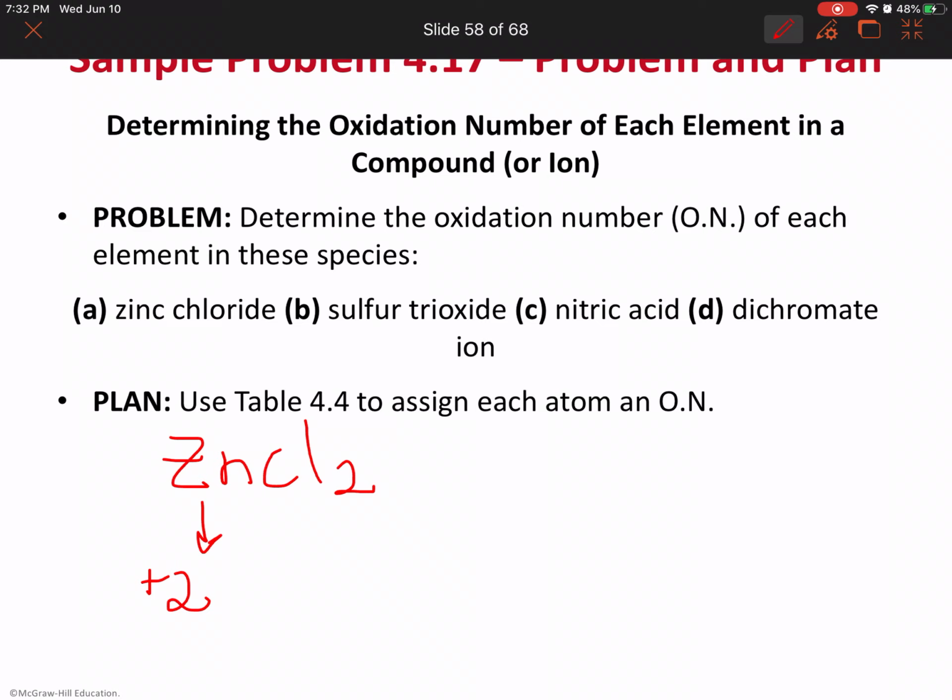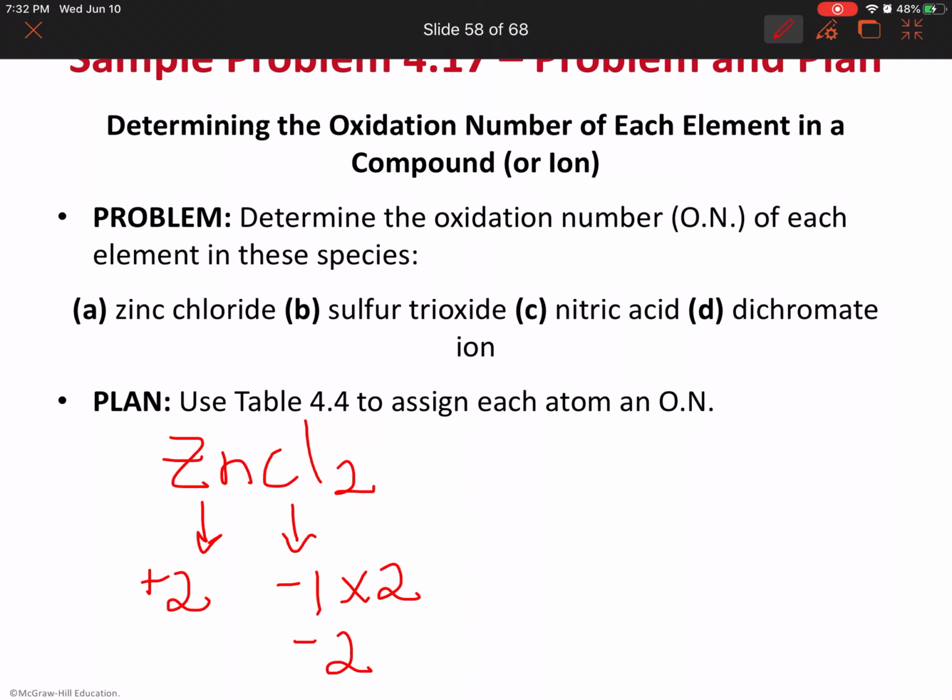And chloride is with a metal, so each chloride is going to be -1, and there are 2 of those, so 2 times -1 is -2. So you have +2 and -2, so overall the zinc chloride becomes 0.